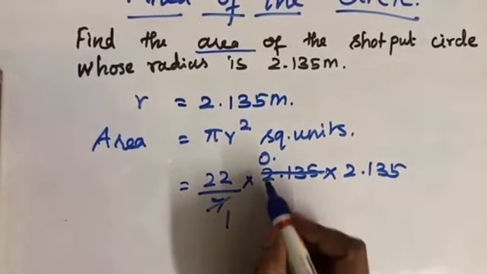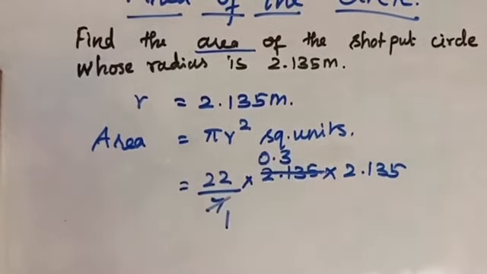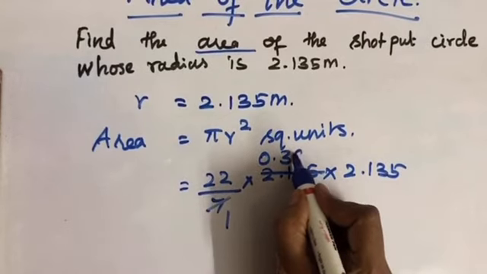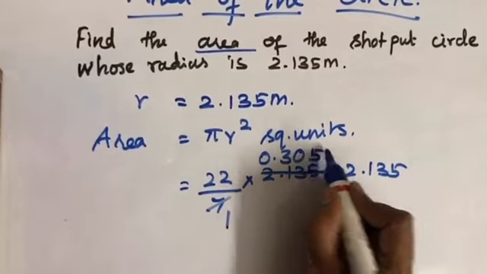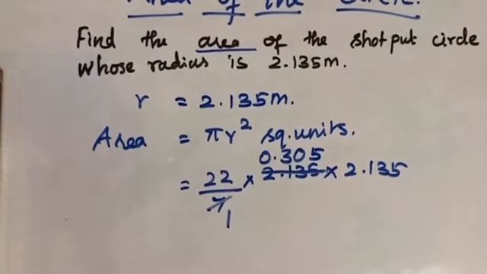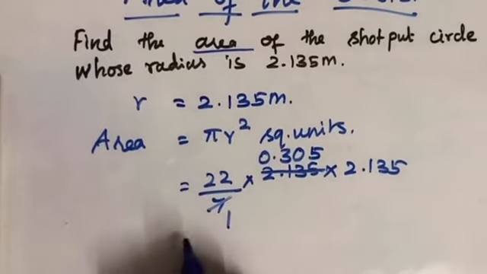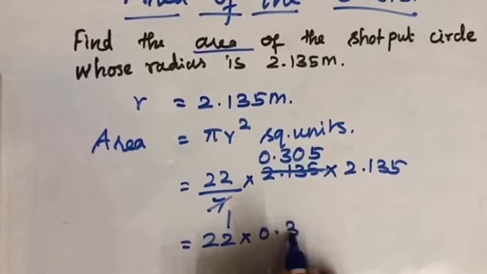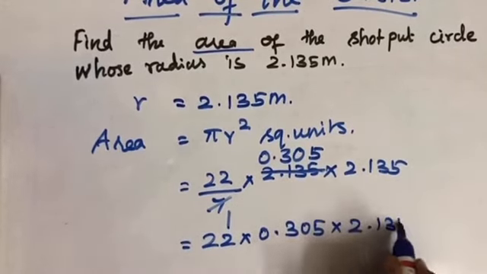So 0.21, 3 times 3 sevens are 21. Now it's 3 only. Here also you couldn't make it. So 0 in 35, 5 times 7 is there. Okay. So 0.305. Now we have to multiply 22 into 0.305 into 2.135.